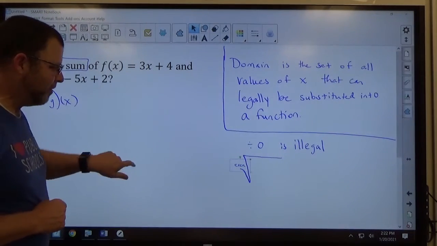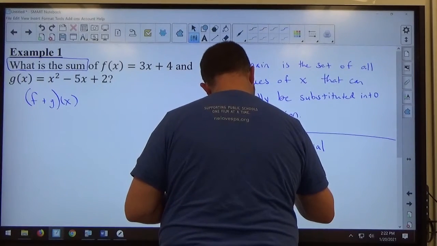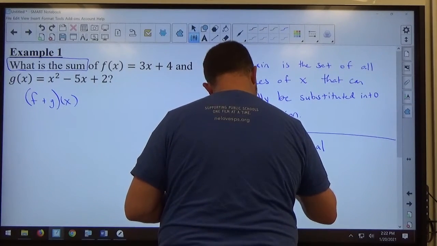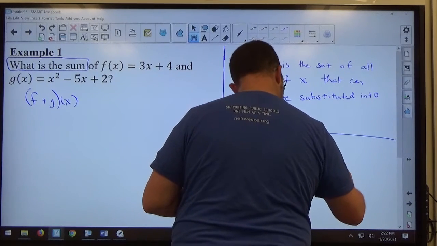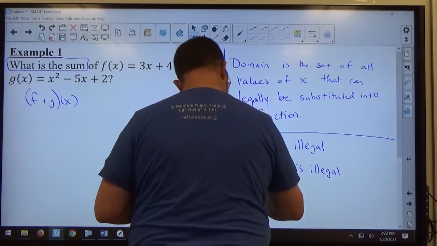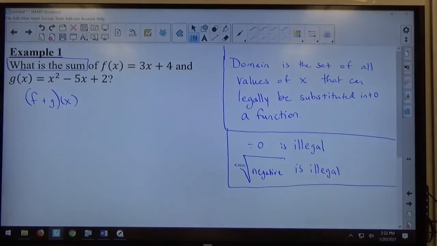So, even root of a negative number is illegal. So when I'm identifying what a domain is, I'm going to be using those criteria for mathematical reasons for domain to happen.